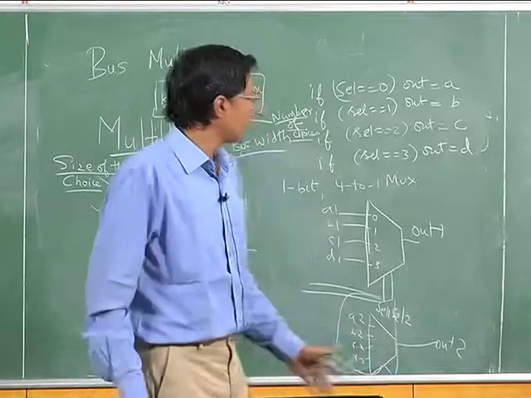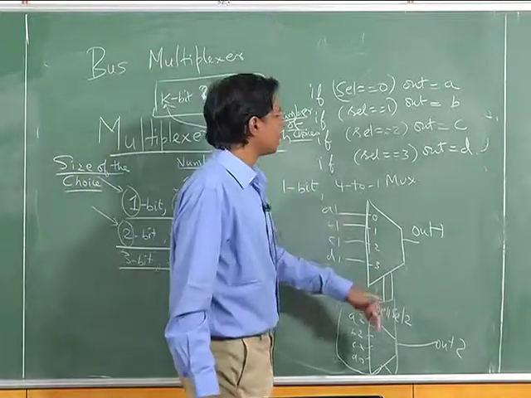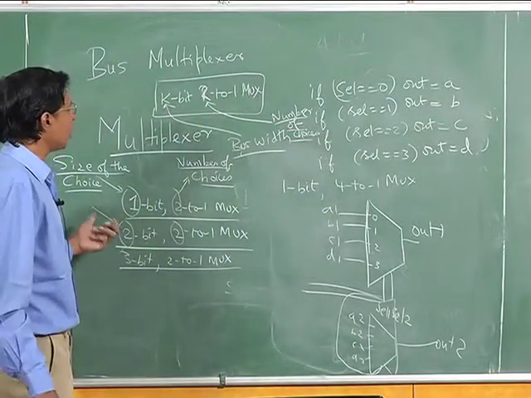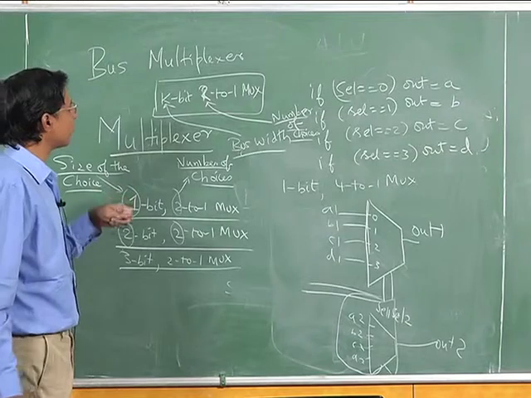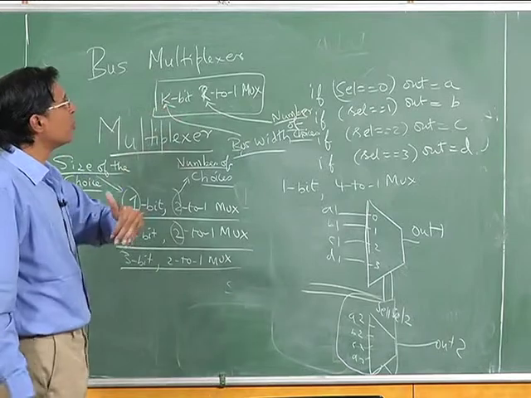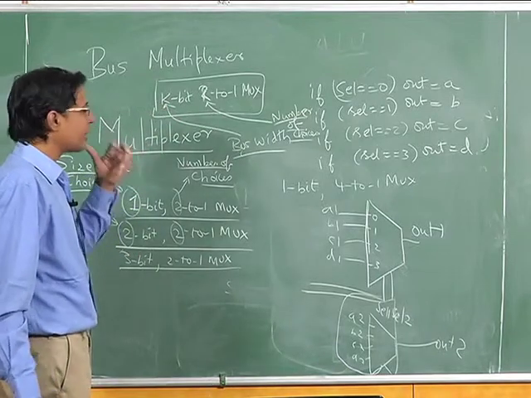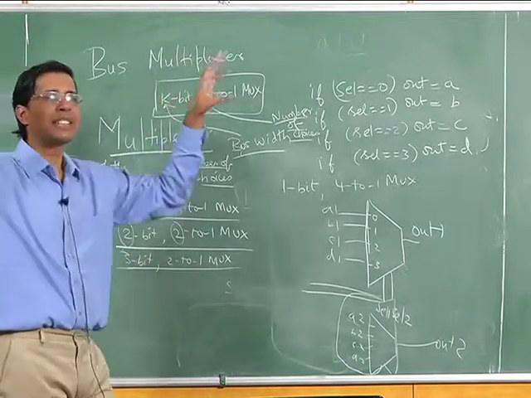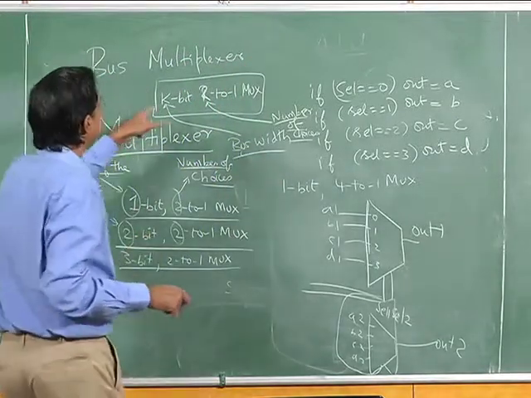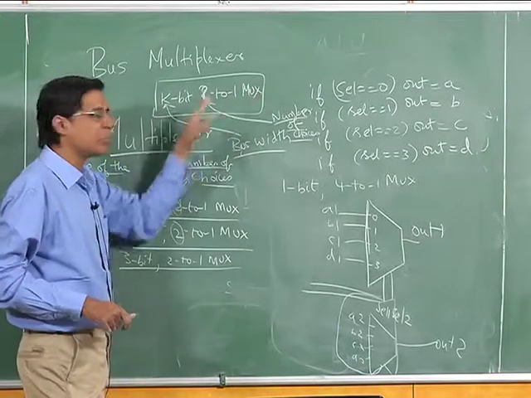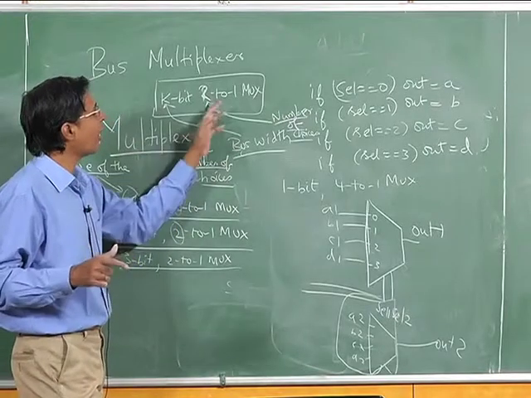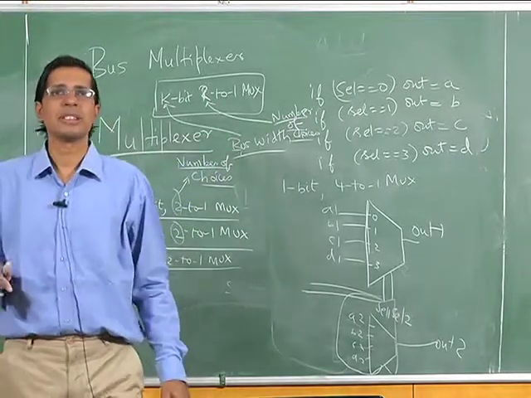So if I have a k bit bus, meaning k bits of data have to move from one point to another, there will be several such k-bit data and I want to select one of those, then I use this k bit R to 1 mux, where k is the bus width or the size of the choices and R is the number of choices.